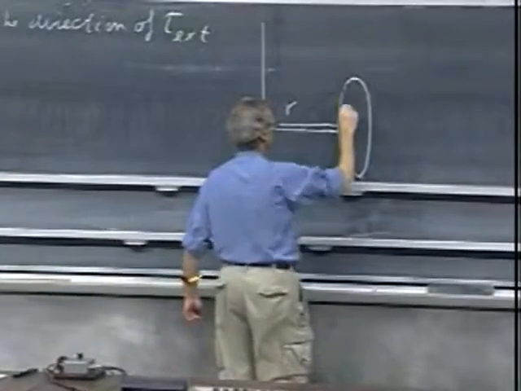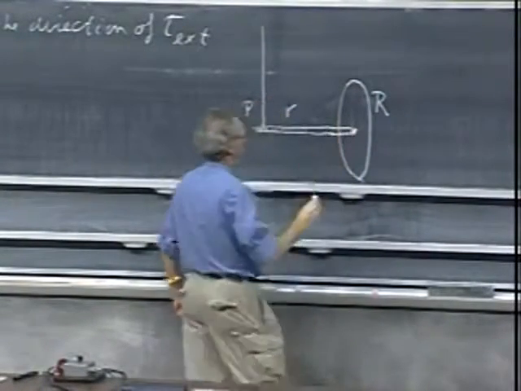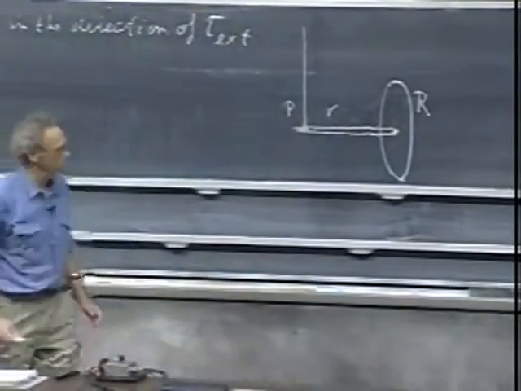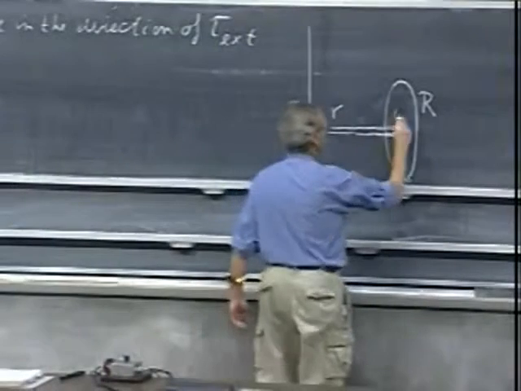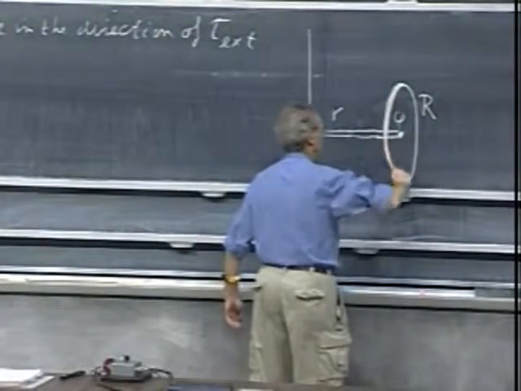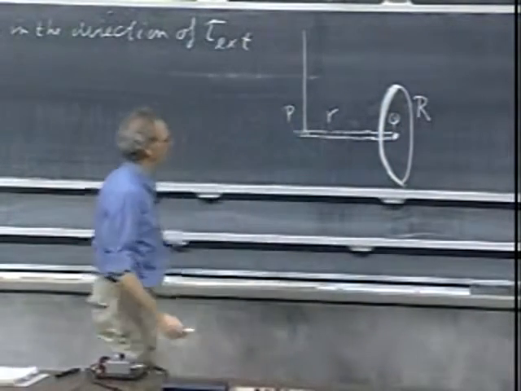So this is capital R. And it can rotate about this here reasonably freely. I call that center point Q. And let this be the part of the wheel that is on your side. I try to make you see it a little bit three-dimensionally.